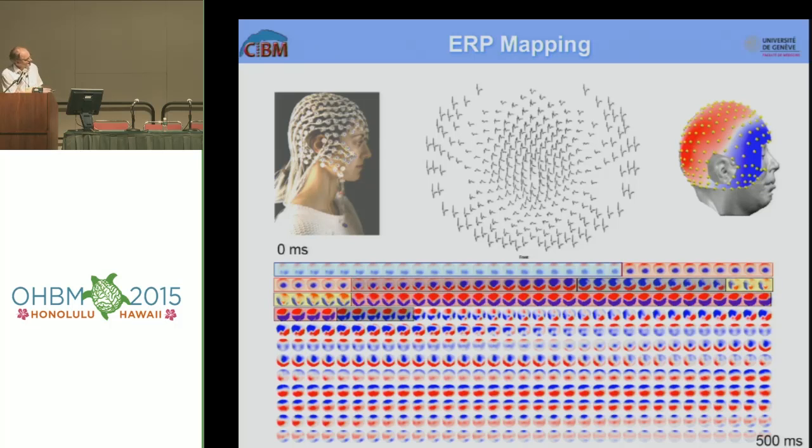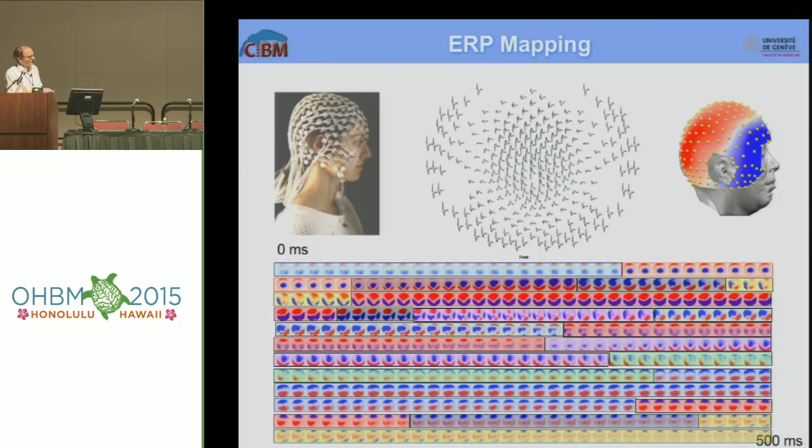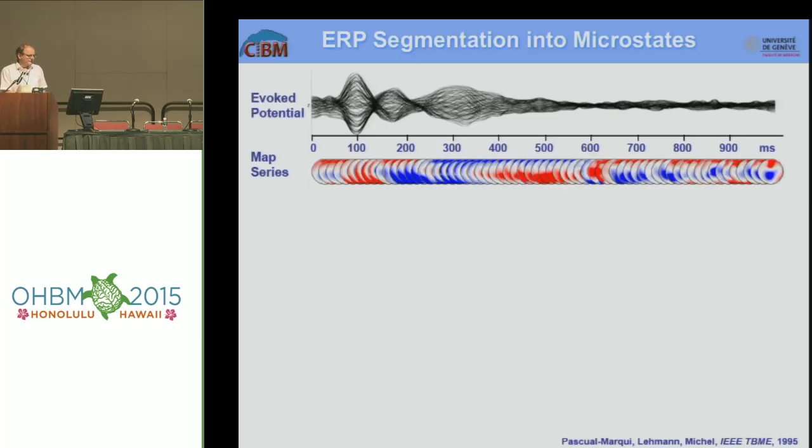You see periods where these fields, the distribution of positivity and negativity, remain relatively stable. So you have a certain number of periods of stable maps. And what has been proposed several years ago is to use this observation and quantify this.